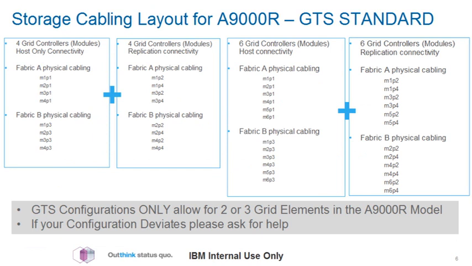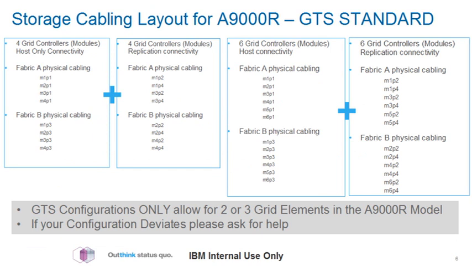The way this is done is the host connectivity, i.e. the standard storage connectivity, is shown in the left-hand side boxes with the module and port that goes to each fabric. So M1P1 equates to module 1, port 1. On the right box, you'll see the replication connectivity.